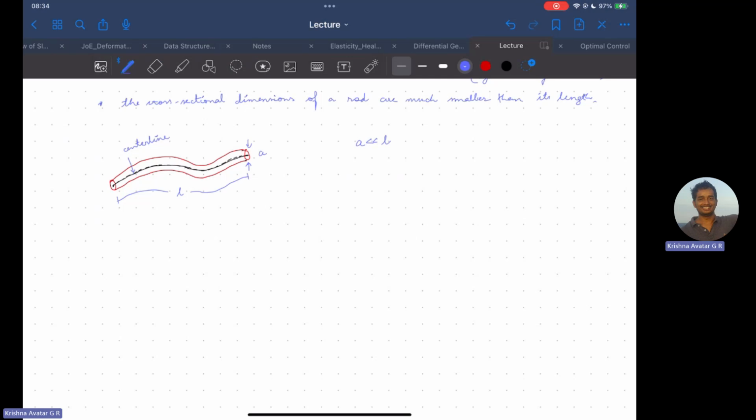So what we do is we impose, or rather we lump, the cross-sectional properties onto the center line.